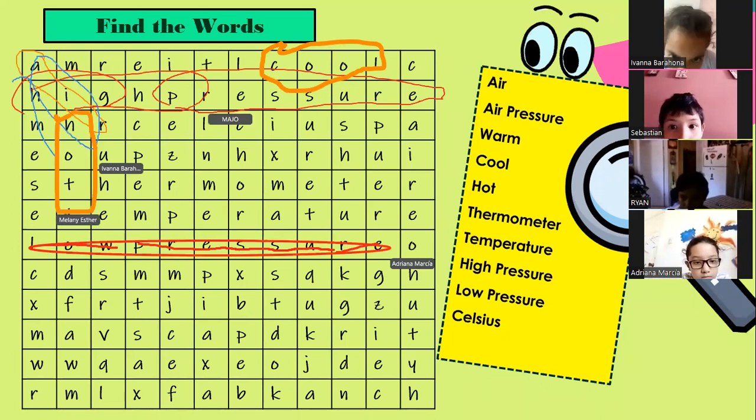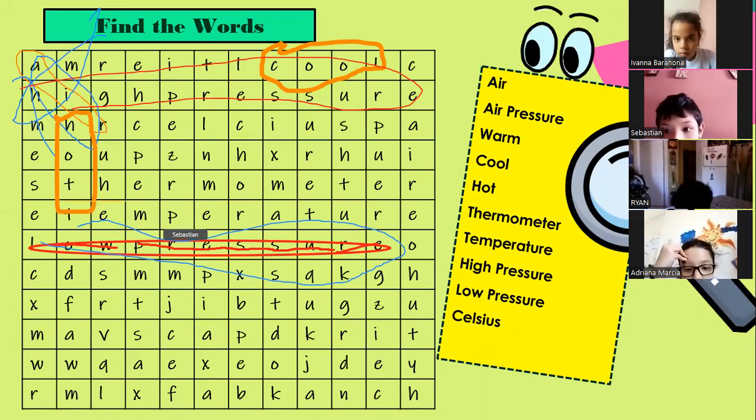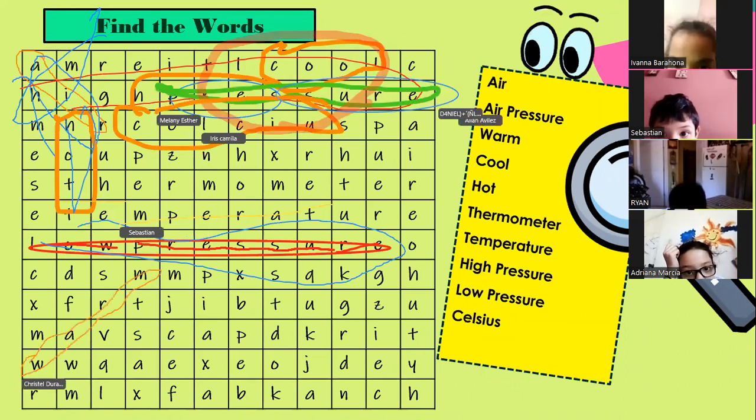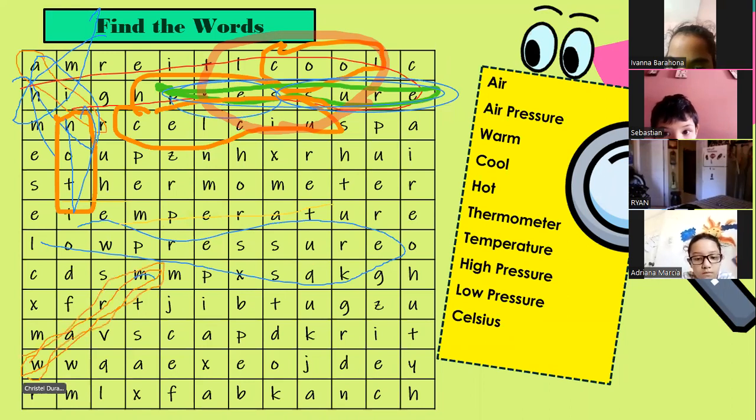Air. Ivana, excellent. High pressure, yes. What did you find, Sebastian? Oh, temperature. Excellent, temperature. Crystal, warm. Excellent, Crystal. And it's Celsius. Someone found Celsius.